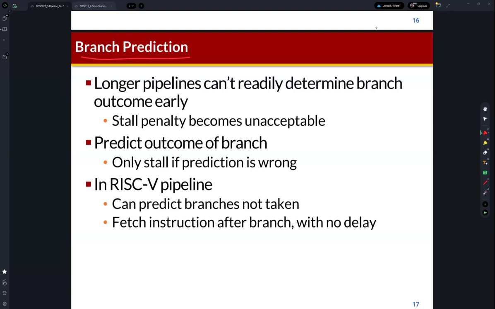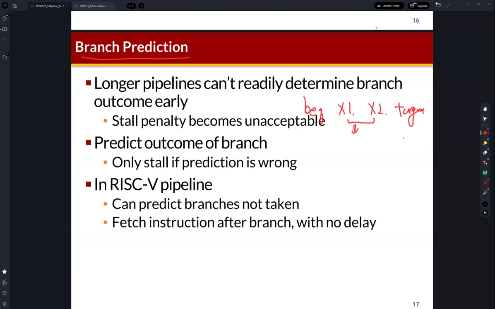So what is the result of a branch instruction? If we just execute BEQ X1, X2, and target, the result of a branch instruction is the condition, the condition of this branch instruction.